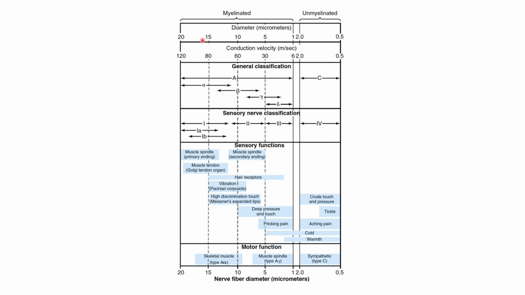And you know also that this increase in diameter is very important to increase the conduction velocity, the speed of conduction of nerve signals among these neurons. Also, myelinated nerve fibers are much faster in transmitting signals than the unmyelinated ones.